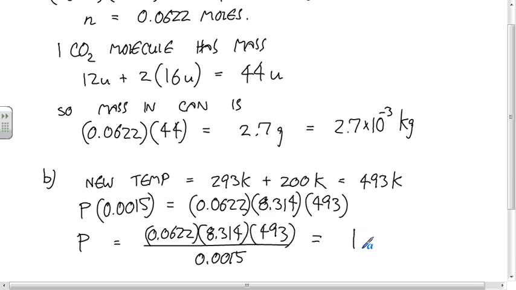Okay, so 1.70 times 10 to the fifth pascals. So 1 atmosphere of pressure is 1.01 times 10 to the fifth. If you increase the temperature of the gas 200 degrees, it has the effect of increasing the pressure 70% basically.